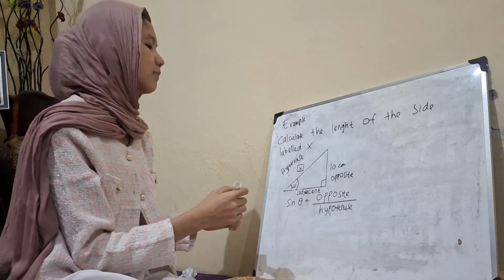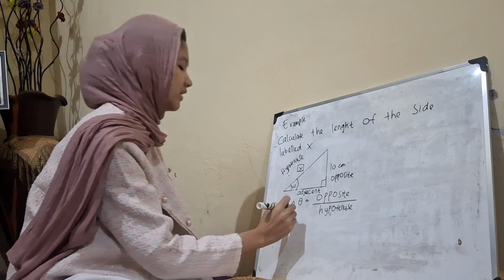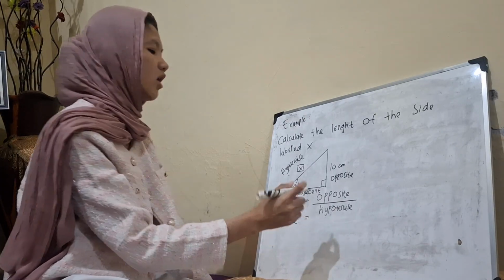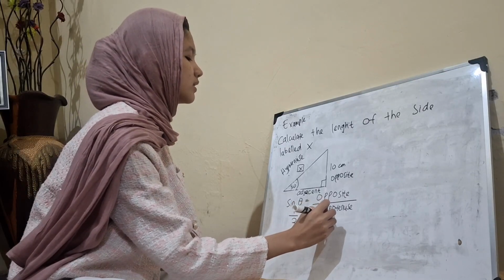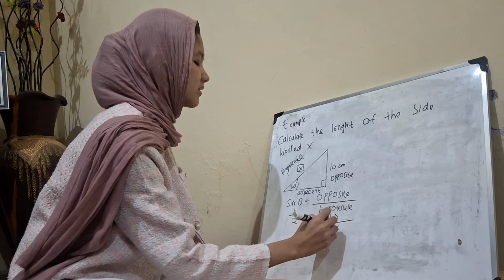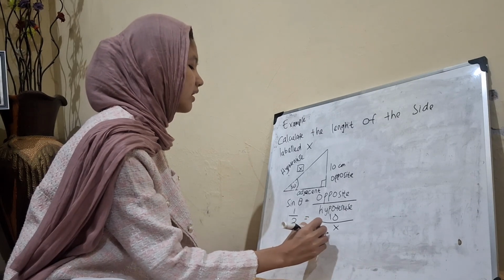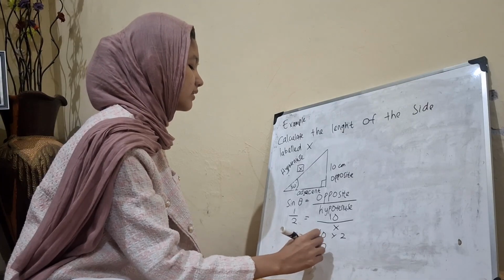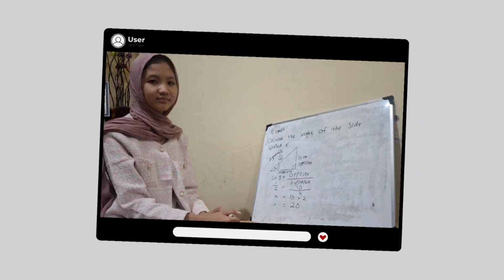So substitute: sin 30 degrees is 1 divided by 2, the opposite is 10 centimeters, divided by x. So x is 10 times 2. x is 20. So the side labeled x is 20.